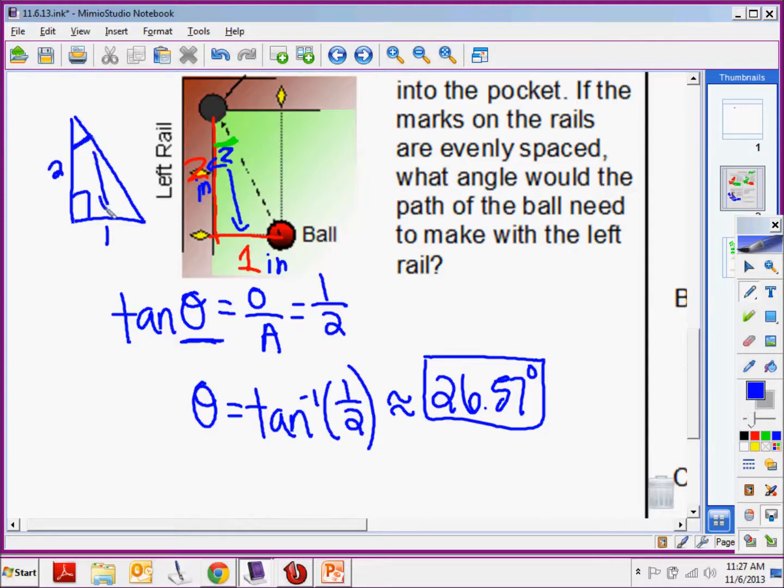I have my opposite and I have my adjacent. If I have opposite and adjacent, that means I'm using tangent. And the rule for tangent is opposite over adjacent. Plug in my opposite, plug in my adjacent. Because I'm looking for the angle, I'm going to do inverse. It doesn't matter that your measurements are in marks. That's irrelevant. Well, it's relevant to a certain degree if you're playing pool, but for our sake.